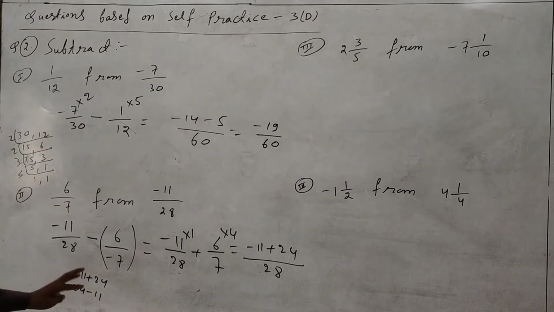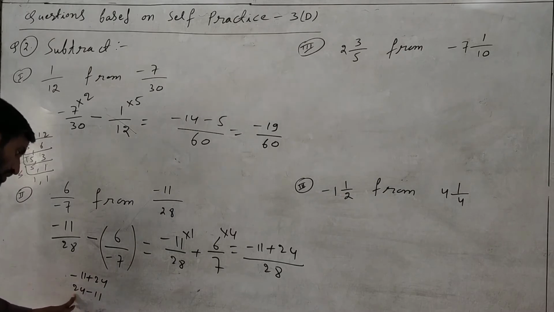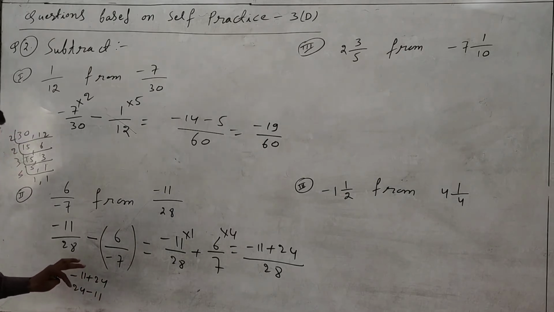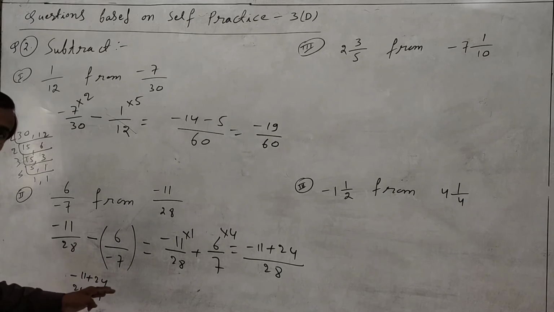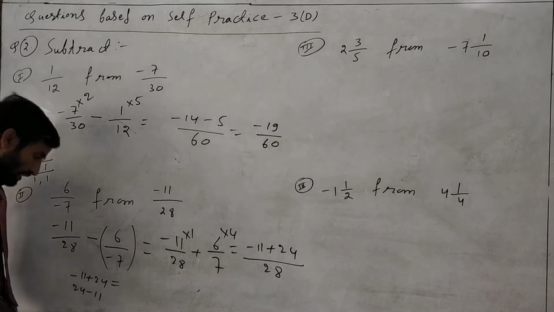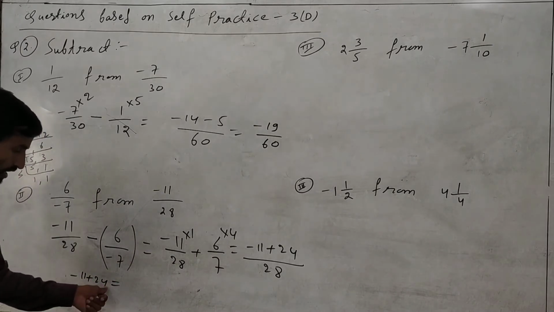Here this one is plus, this one is also plus, this one is negative, this one is also negative. Only the position is different, but both are the same expression.